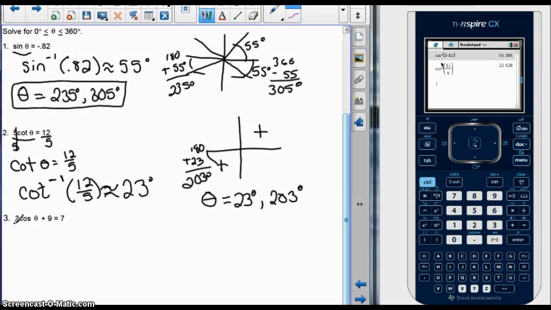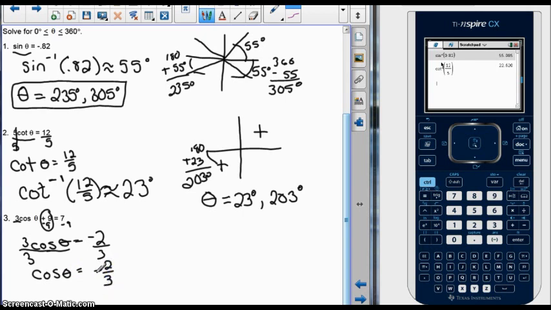So here, the 3 is keeping cosine from being isolated, and the plus 9. So we're going to remove the plus 9 first by subtraction. So we know that 3 cosine theta equals negative 2. Then we divide by the 3, and cosine theta equals negative 2/3.